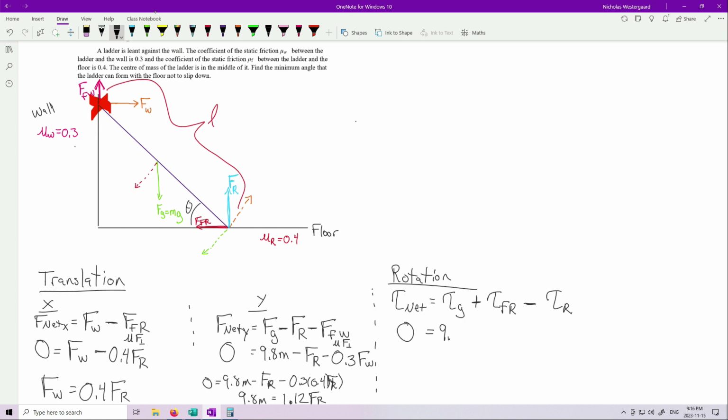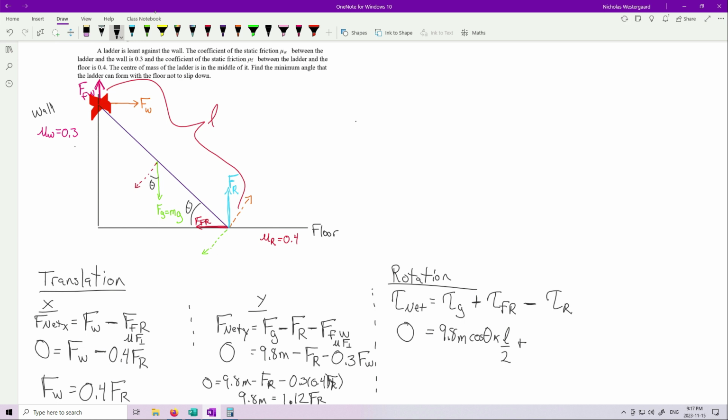That's just 9.8 m times, where does this angle go? This angle theta goes in right here, so that's going to be cosine of theta, times, how far is this? Is it half of the length away? Because it's the center of mass, that's why it's L/2. There's my force times d.